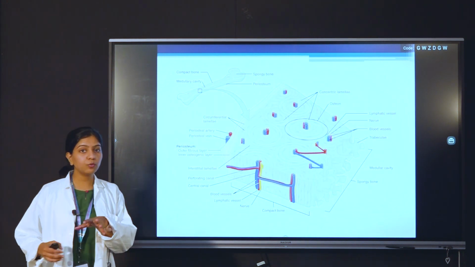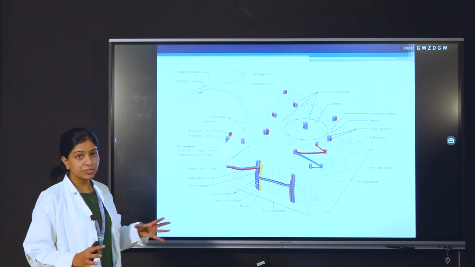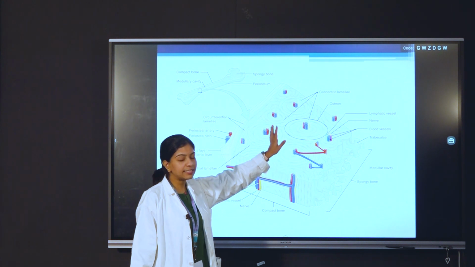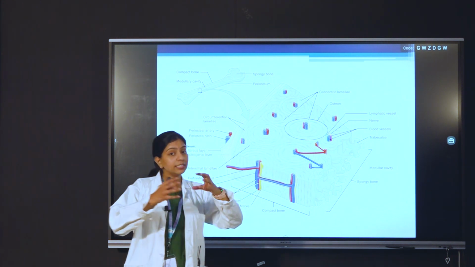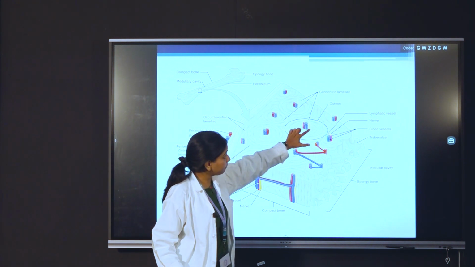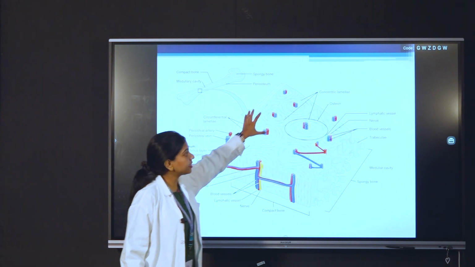After this, what we should know is what is a Haversian system or what is an osteon. So a Haversian system consists of a Haversian canal which contains blood vessels, lymphatics and nerves. Surrounding this Haversian canal, we have certain concentric lamellae, all of which together form an osteon. Now the bone has many such osteons.